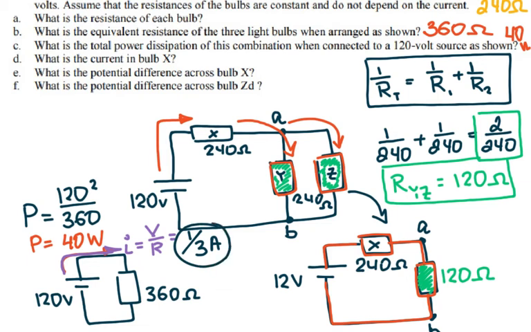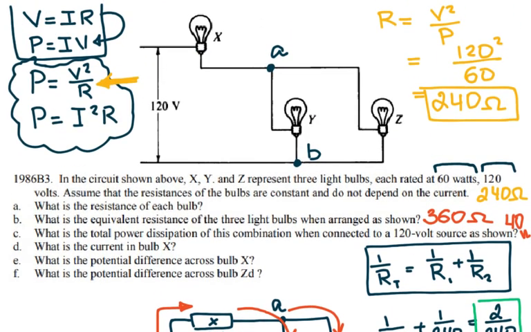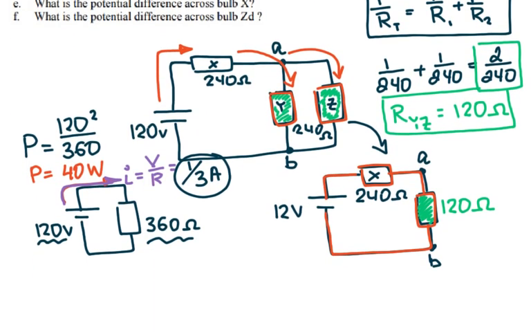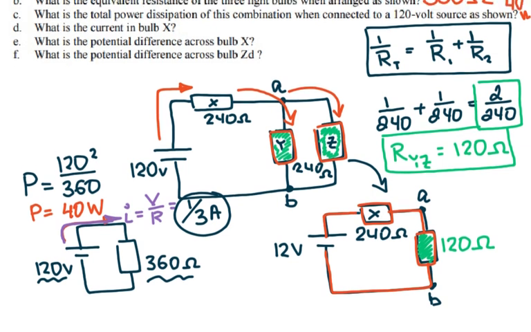And what I did is the voltage divided by the resistance will give me the current. So right here I have the voltage is equal to I times R, and if I divide by resistance, I will get the current. So the current in the circuit is 0.33 amps.